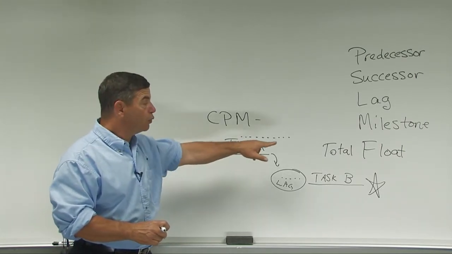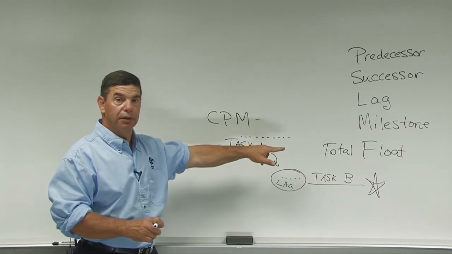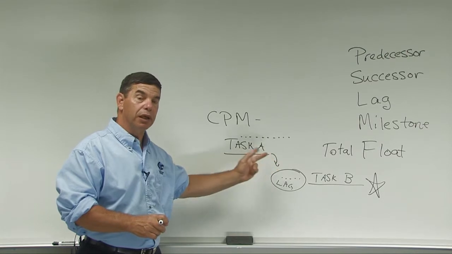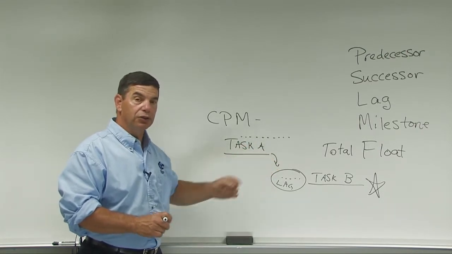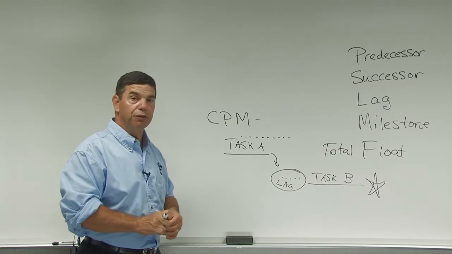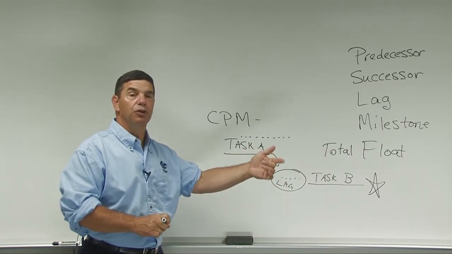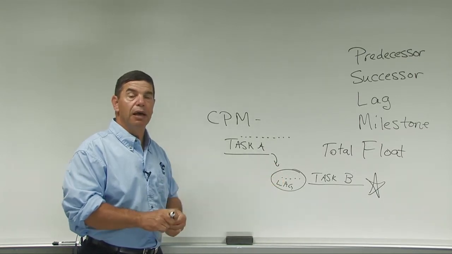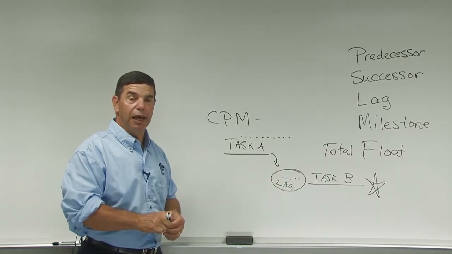So as the total float is used up, then it almost becomes a critical activity, and so we'll use the term near critical. And that term near critical is defined by how many days of float. So less than 5 days, less than 10 days, less than 15 days makes a near critical activity.